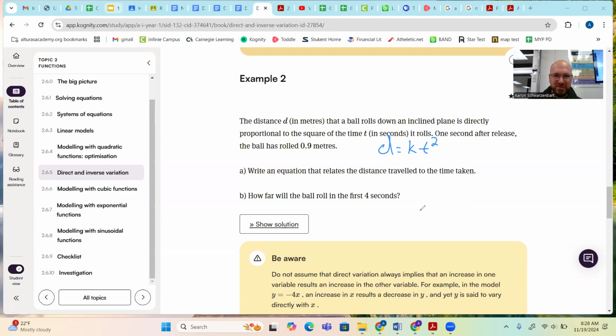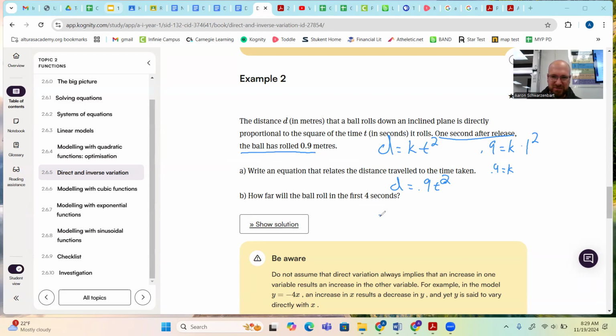How far? Oh no, I'm supposed to solve for k. 0.9 equals k times 1 squared. Yep, so k equals 0.9. My specific variation equation is this. I've solved for k using the instance they gave me here. 1 is the time, 0.9 is the distance.